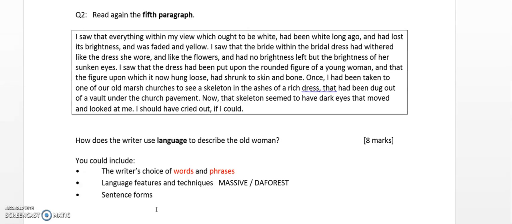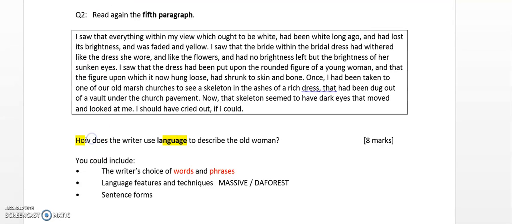Okay, so you've come back and you've read the source and the paragraph. The question is, how does the writer use language to describe the old woman? So we're going to highlight the key things. It's language that we're looking for, and it's this question, how. Whenever you see the word how, it's basically asking you to analyse.